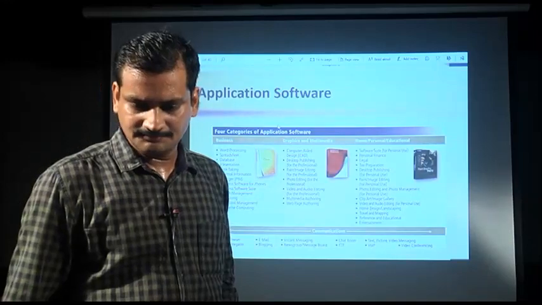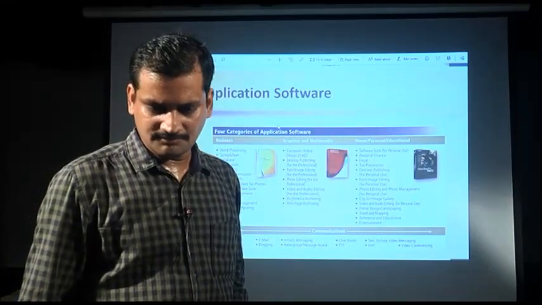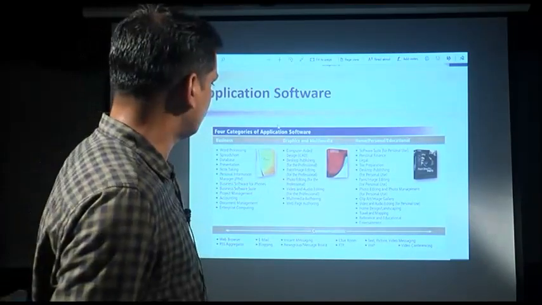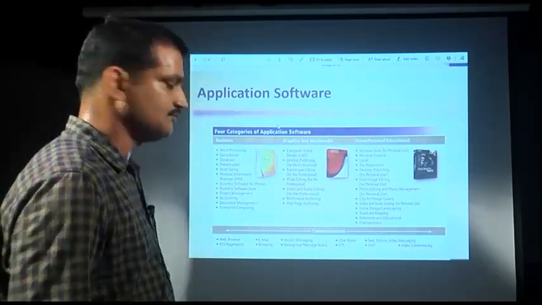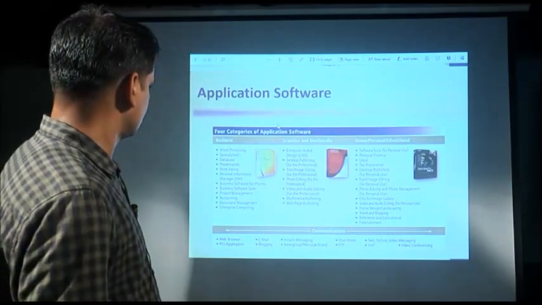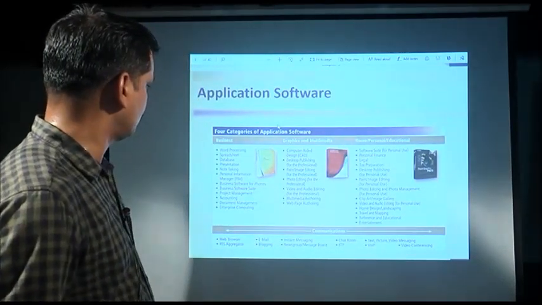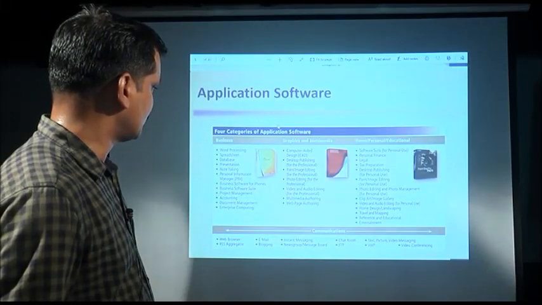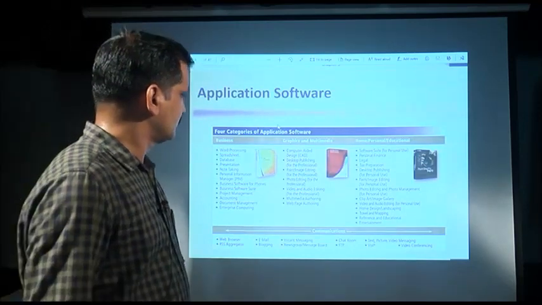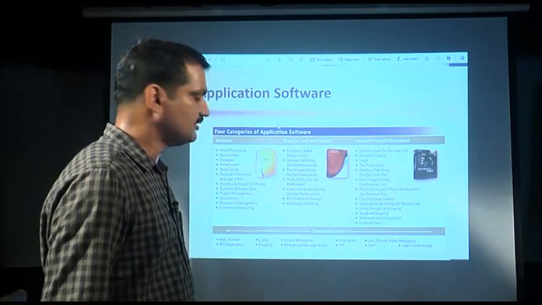Examples of communication software are web browser and email. We are all very much acquainted with these things. Web browser, email, blogging, instant messaging, chat room, FTP (file transfer protocol), text, picture, and video messaging, voice over IP, and video conferencing.